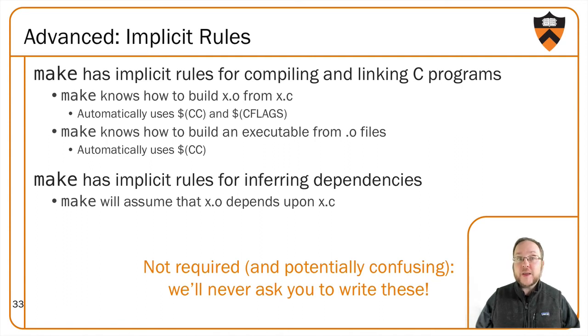So if you don't give it a command at all, but the target is a .o file, Make will happily use the default $(CC) variable as your compiler, and it will fill in x.c as the source code that it just assumes will make x.o. Similarly, it can make executables from .o files, and the implicit rules will also use the given files as dependencies for checking modification times. So using these implicit rules doesn't actually cost you anything from the other functionality that writing them out explicitly would.